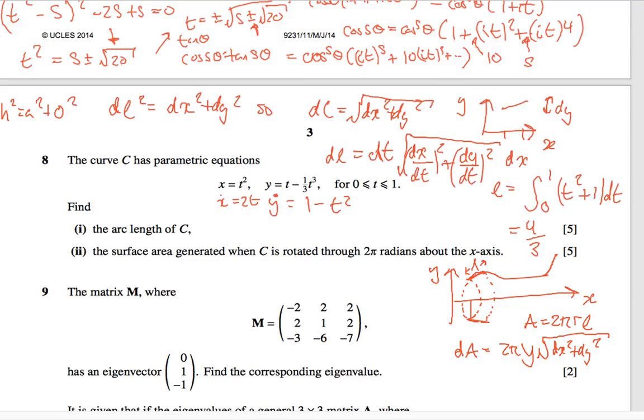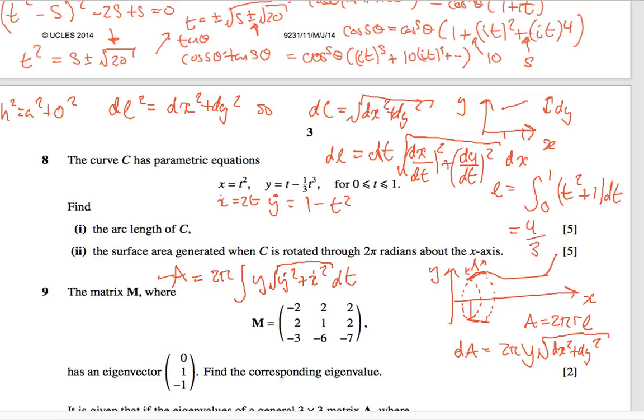Okay, if you want to figure out the whole area, it's going to be an integral: 2 pi times the integral of y times the square root of y dot squared plus x dot squared, times dt.